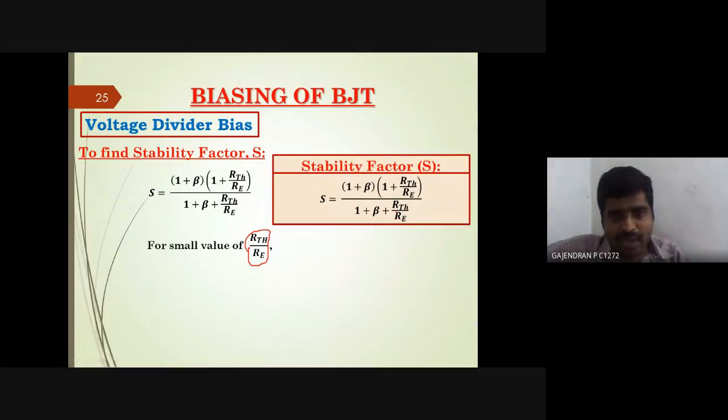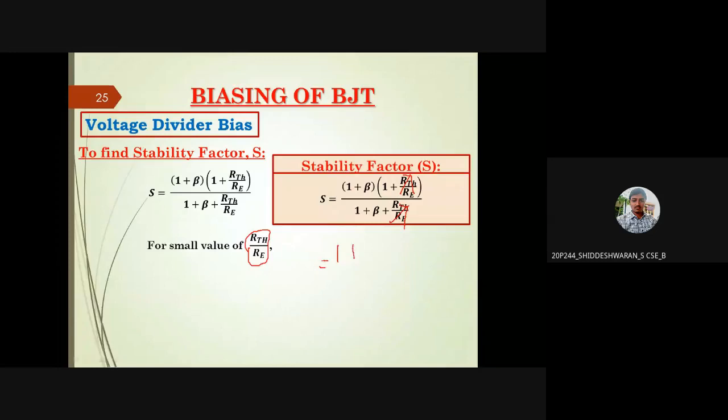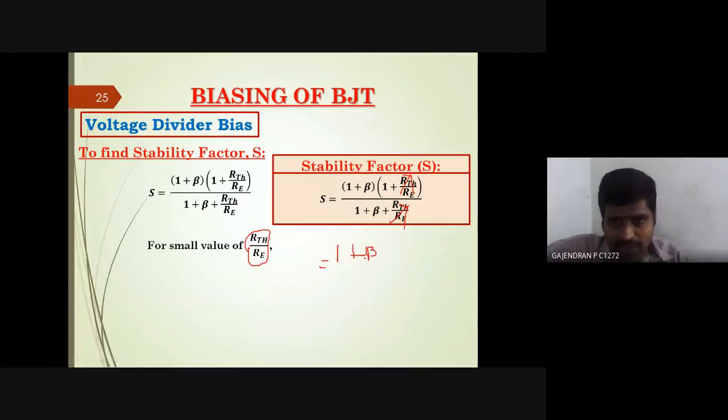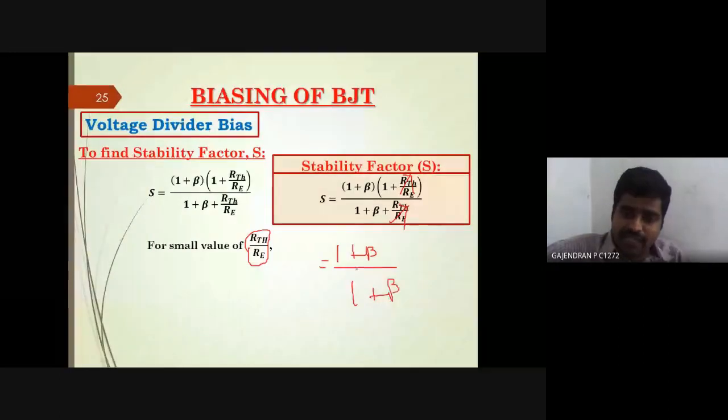Very good. Extremely small means 0. Simply tell, if I make it 0, this term will get cancelled. This will also get cancelled. What will be in your numerator part, please? 1 plus IB by 1 plus IB, sir. If I cancel these two, what will I get? 1, sir.